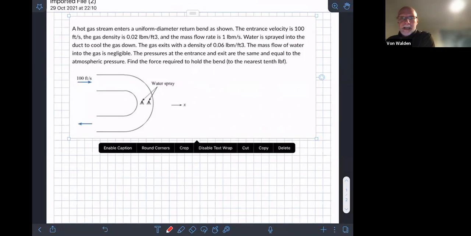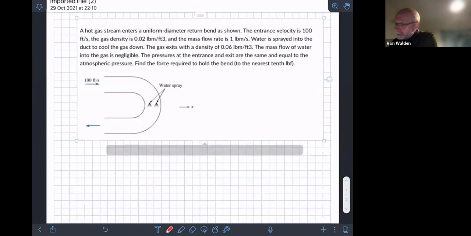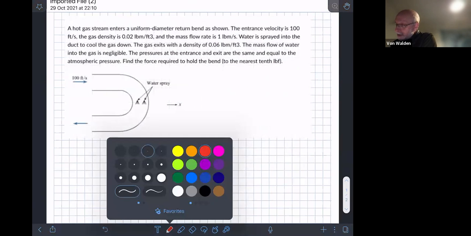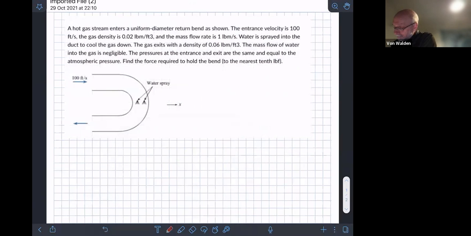It's going to be a momentum problem because we're asking about forces in this problem. We know that we need to use the momentum equation, because the momentum equation is an equation that tells us about forces, really, the rate of change of momentum.